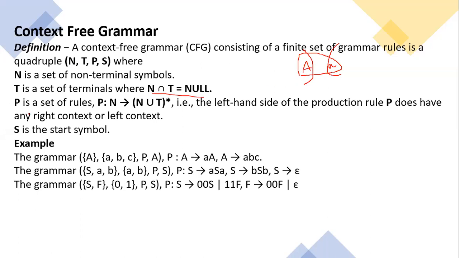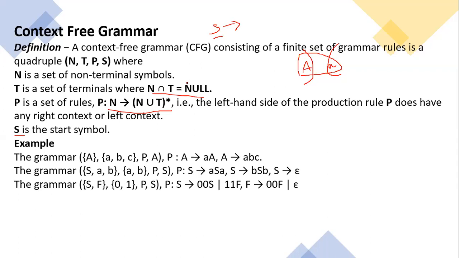This is a separate non-terminal, this is a separate terminal. P is the set of rules, the productions, which is a combination of terminals and non-terminals. And S is the start symbol. You start from the start symbol. We can have any letter as the start symbol, but commonly S is the start symbol. The context-free grammar consists of 4 tuples: non-terminals, terminals, production, and start symbol.